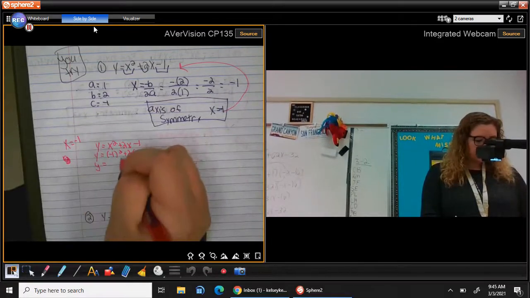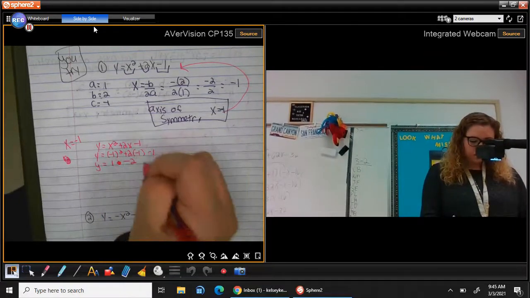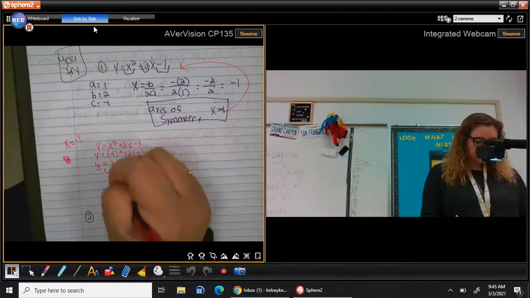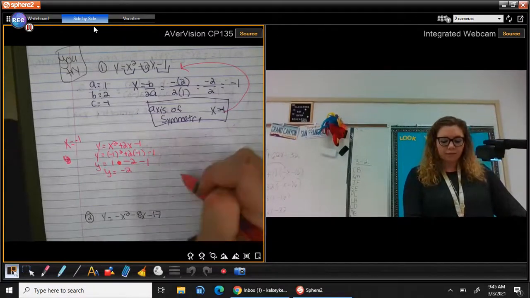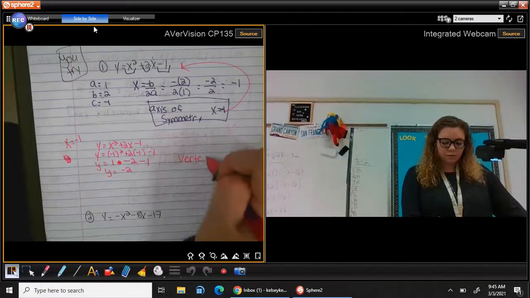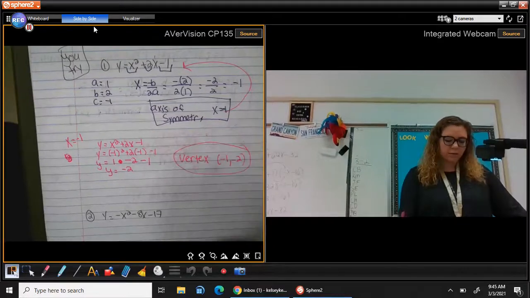So -1 squared is 1. 2 times -1 is -2. Minus 1. Y is going to give you -2. So we have my x, y, so now we can write my vertex, which is -1, -2. And that is my answer.